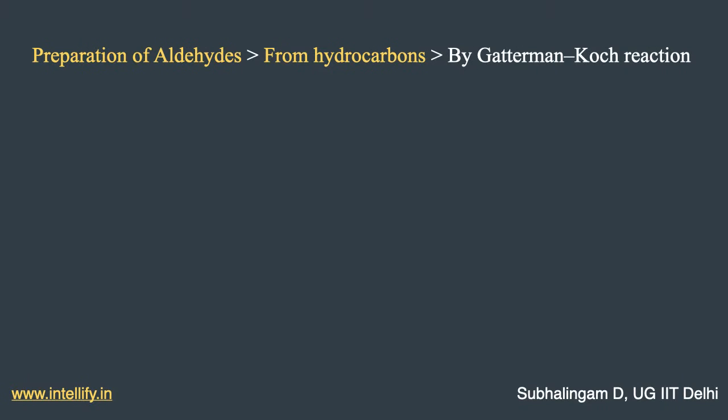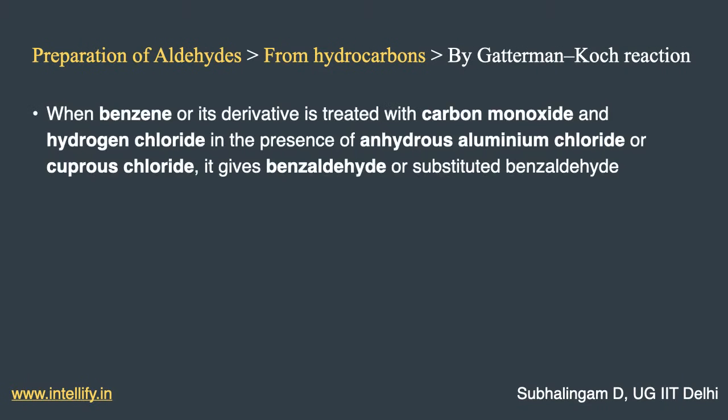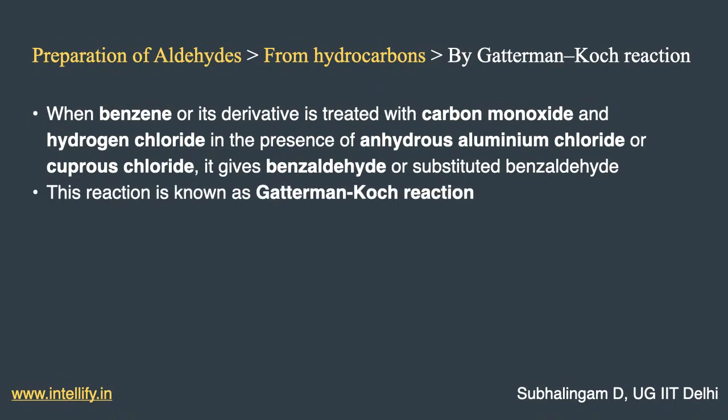Another reaction is Gatterman-Koch reaction. When benzene or its derivative is treated with carbon monoxide and hydrogen chloride in presence of anhydrous aluminum chloride or cuprous chloride, it gets converted to benzaldehyde or substituted benzaldehyde.